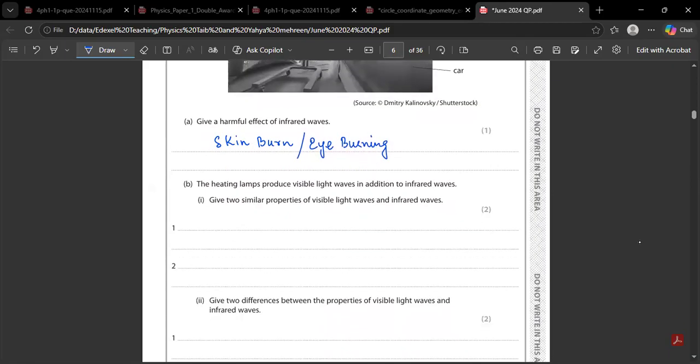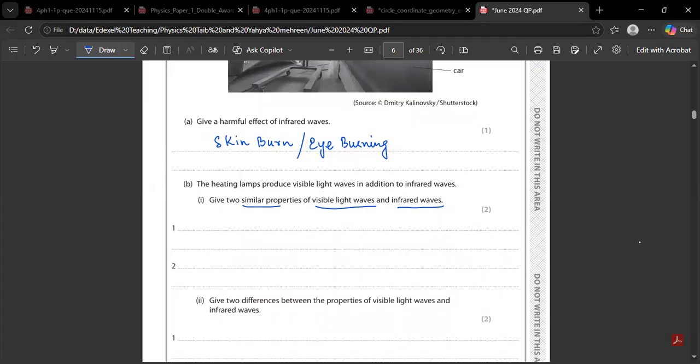What about this question? The heating lamps produce visible light waves in addition to infrared waves. Give two similar properties of visible light waves and infrared waves.